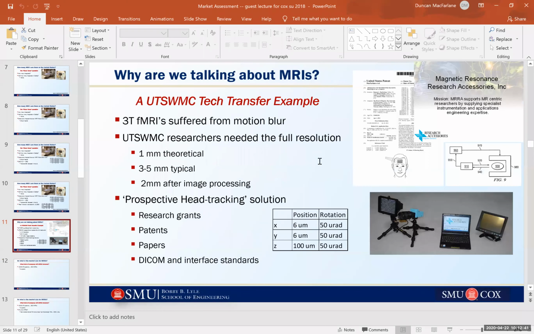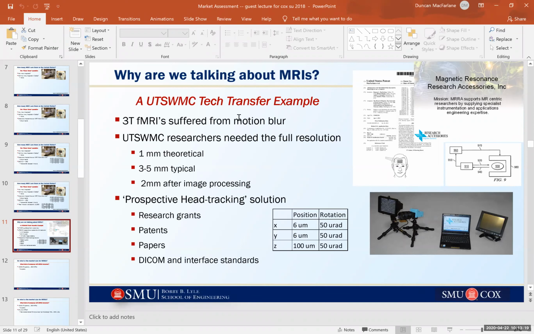Okay, so here's the product that we're talking about, and what it was actually for: something called a functional MRI, which allows you to look at brain activity. People pay $3 million plus for these 3T MRIs, and they want a 1 millimeter little cube, a voxel, a little cube of information with a resolution of about 1 millimeter.